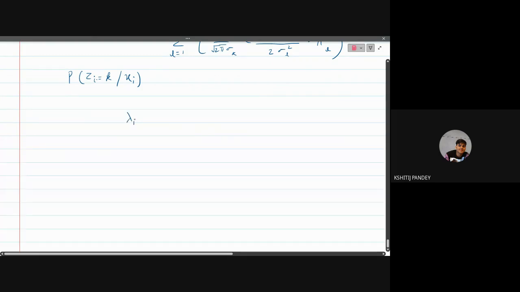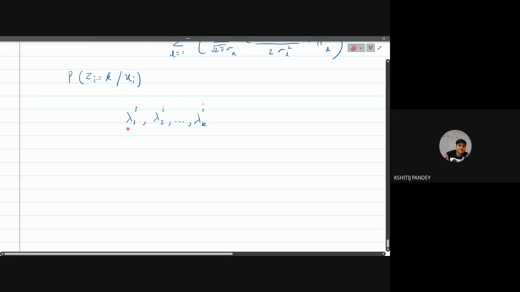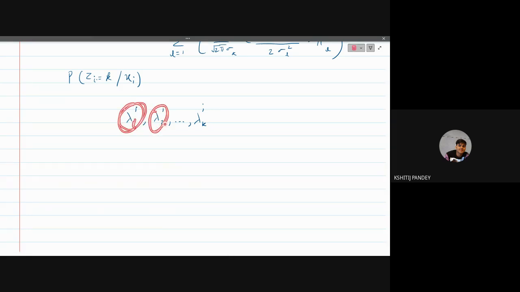So lambda 1, then lambda 2 up to lambda k. This is the probability that your ith point belongs to the first mixture. This is the probability that your ith point belongs to the second mixture. This is the probability that your ith point belongs to the kth mixture.